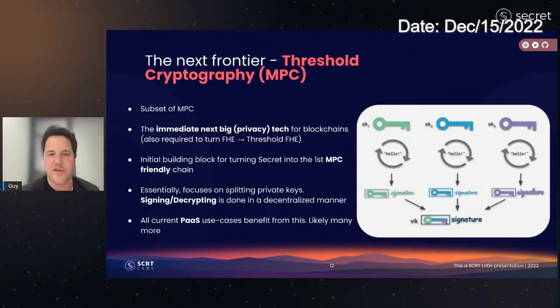We researched this a lot, and we realized that the first frontier, the first set of technologies, is threshold cryptography. I envision that threshold cryptography is going to become a big deal in many of the blockchains. And I think Secret's goal should be to spearhead that effort on its own.